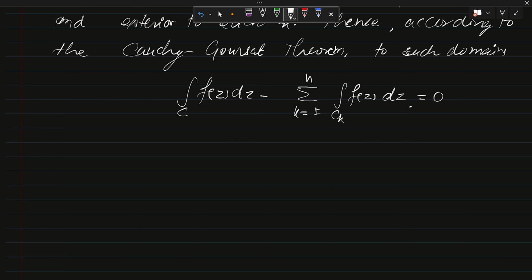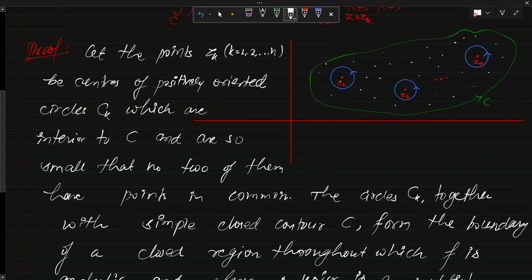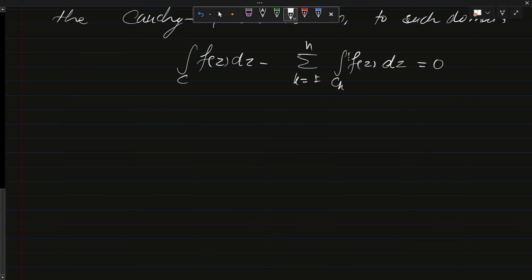This is from the Cauchy-Gauss theorem, right? अभी हमें पता है कि हर एक जो zk है, this z1 is an isolated singularity, this is z2, this z1 all are isolated singularity. अगर ये isolated singularity है तब हम इस तरीके के contour integral को आसानी से evaluate कर सकते हैं. But let me call this is number 1, okay?